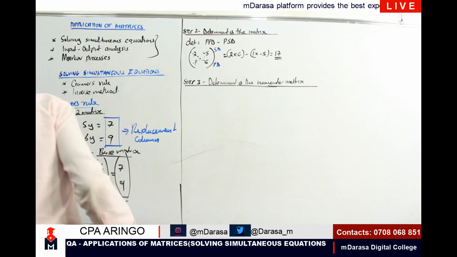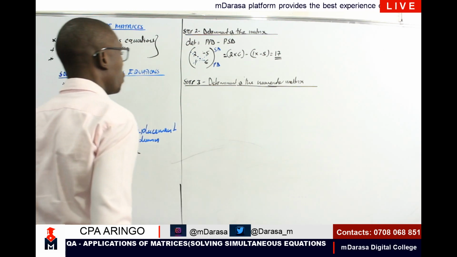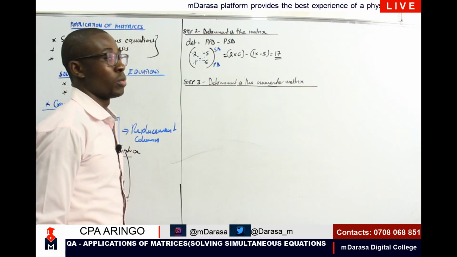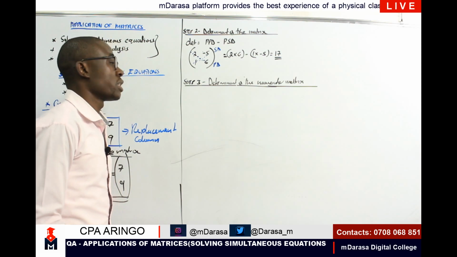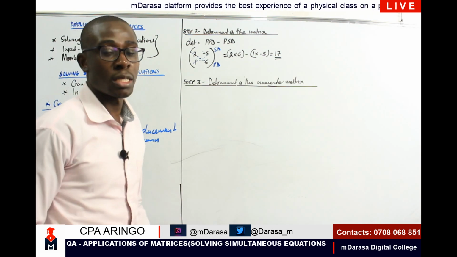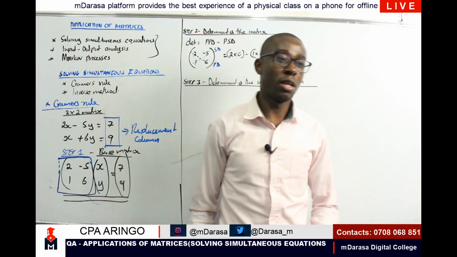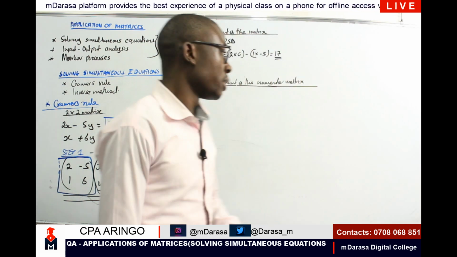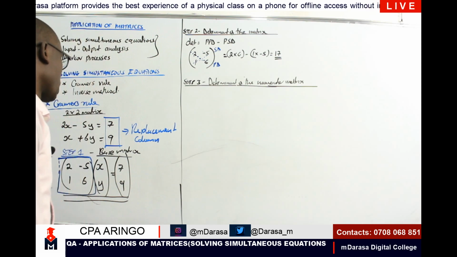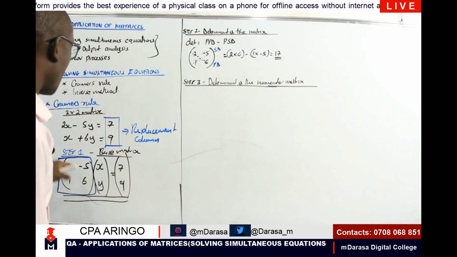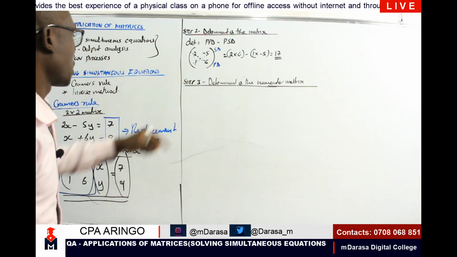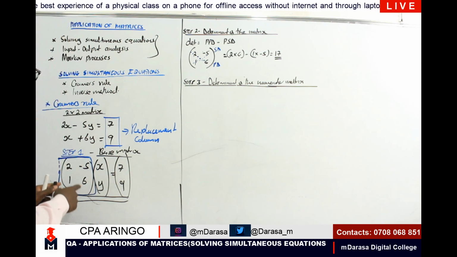And the question will be, how will we determine the numerator matrix? At this point, this is where the concept of replacement column will kick in. Take for example this case. I'm having our matrix. Remember this case, what we had here?